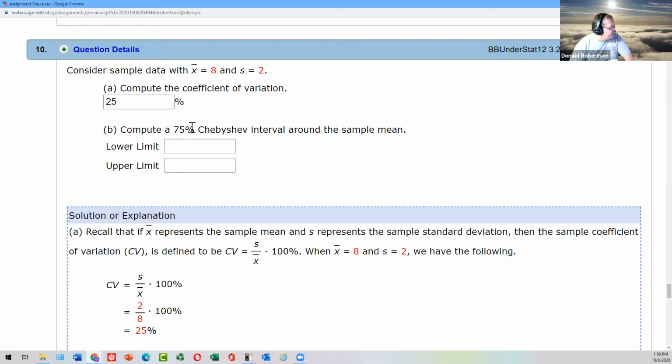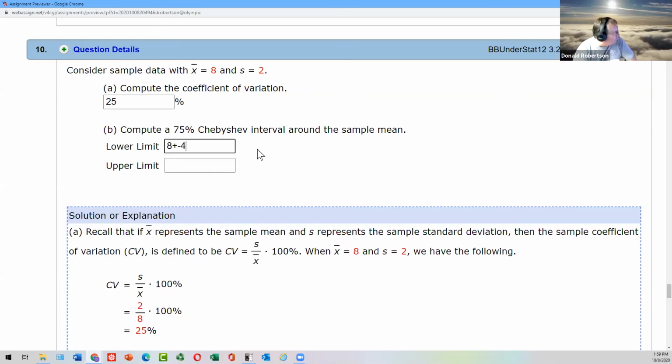Now, this is not the way I phrased it, so let me tell you how this works. Remember the questions I did, 2 standard deviations and 3 standard deviations? Remember those guys? 2 standard deviations gets you 75%. So if you want to know what the lower limit is, you're going to take the mean and add or subtract 2 standard deviations.